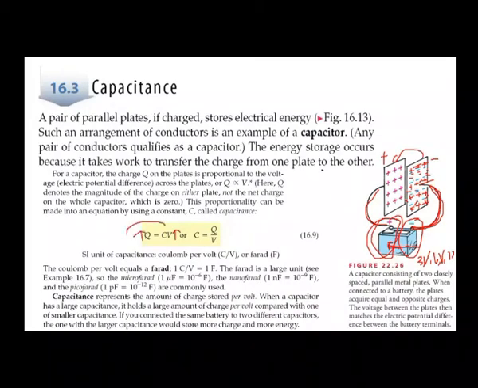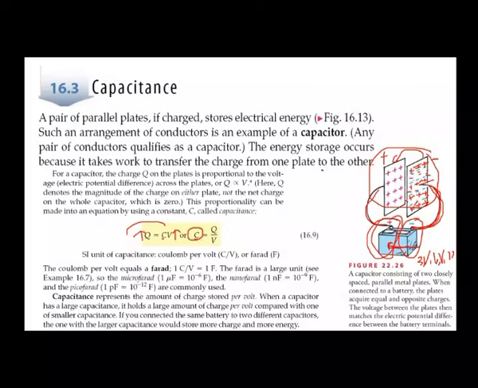So there is a direct proportionality between the voltage and the charge stored in these capacitor plates. The constant of proportionality, which is C, is now equal to Q divided by V.